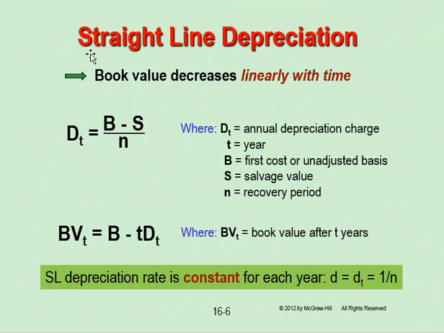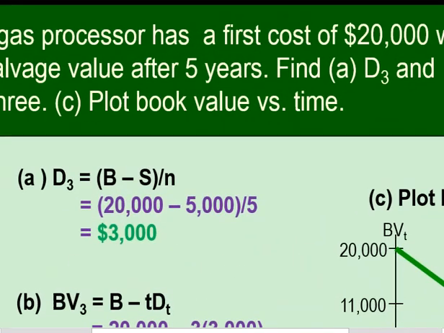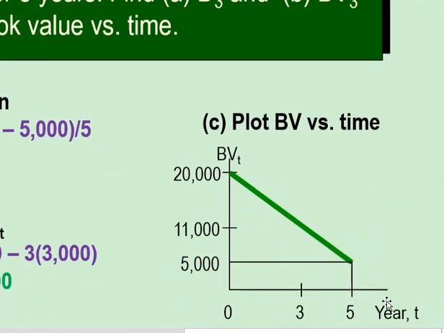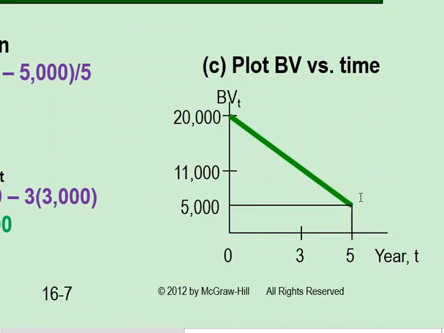For example, let's say we are doing straight line depreciation. Straight line depreciation, from your math background, this is a straight line, isn't it? When we talk about straight line here, we can see a slope. Is this a negative slope or a positive slope?